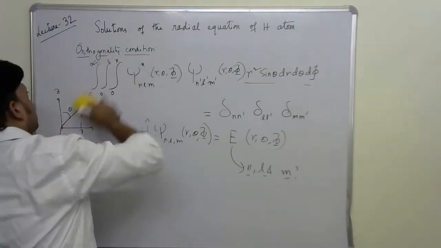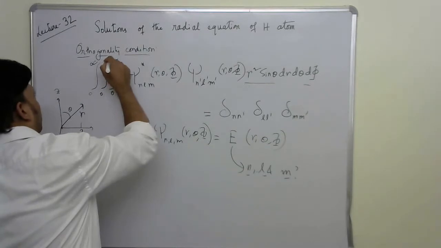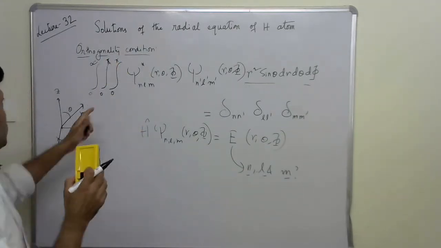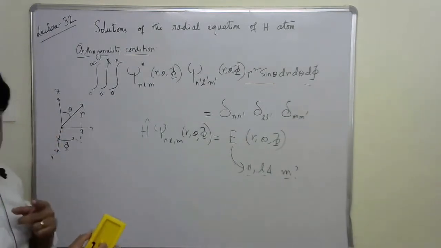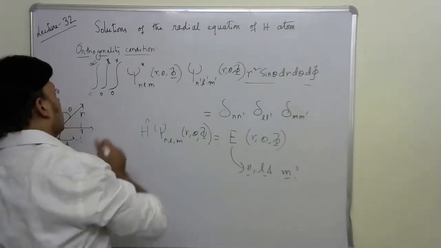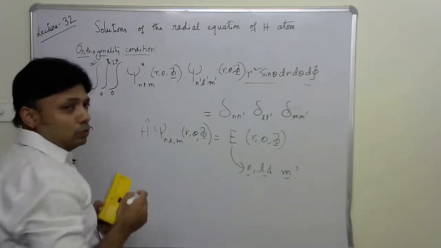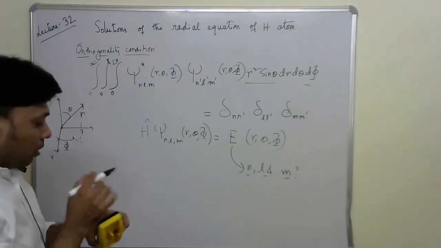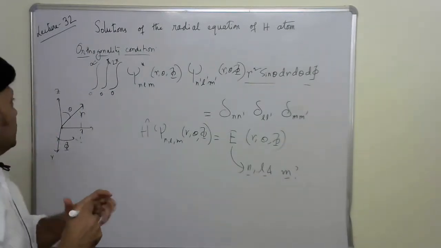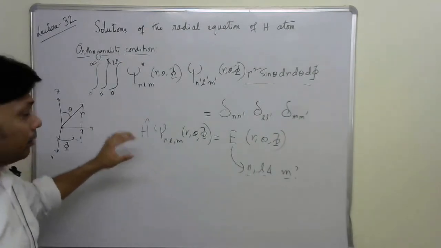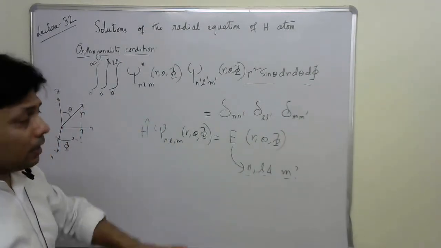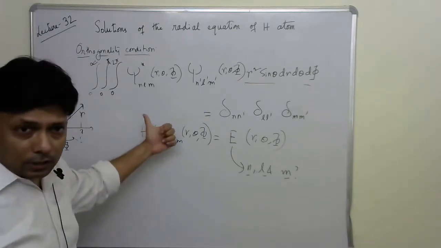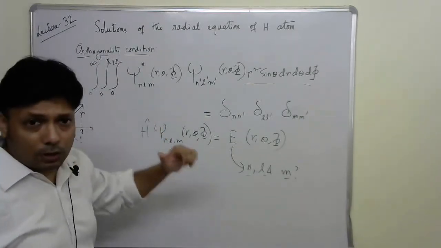That was my mistake, I apologize. And the angle phi has a range from 0 to 2 pi. So r goes from 0 to infinity, theta goes from 0 to pi, and phi goes from 0 to 2 pi. That was a little mistake in the expression that I wrote earlier. So now it has been corrected.